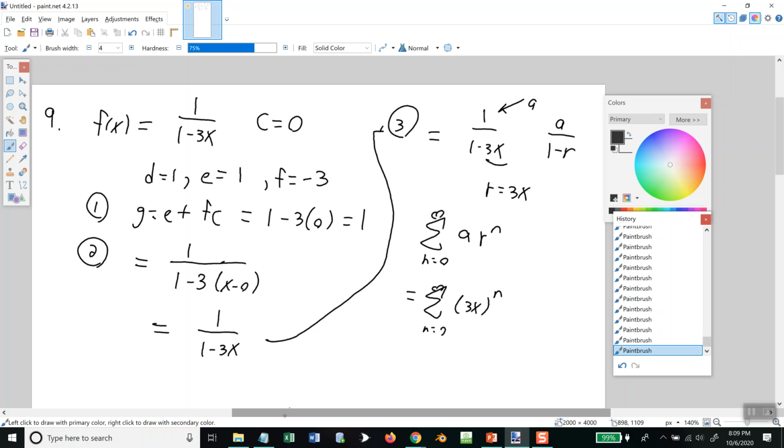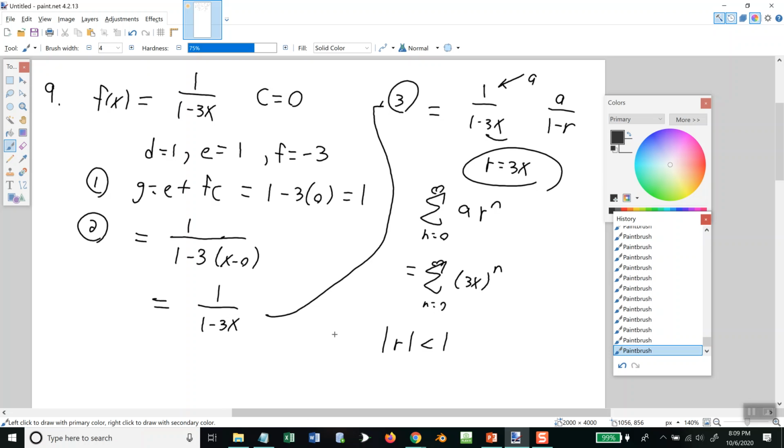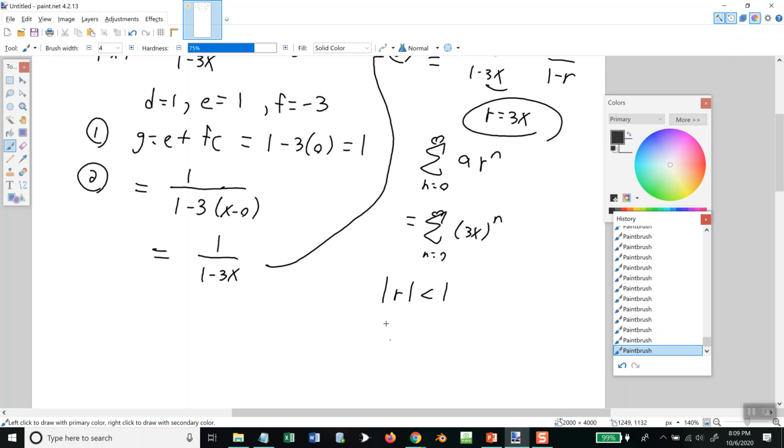Now again, geometric converges when the absolute value of R is less than 1, and we said R was equal to 3x. So get that, drop the absolute value, put it in this form. Divide everything by 3.